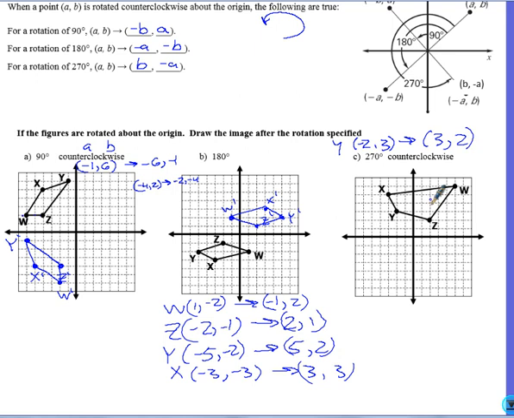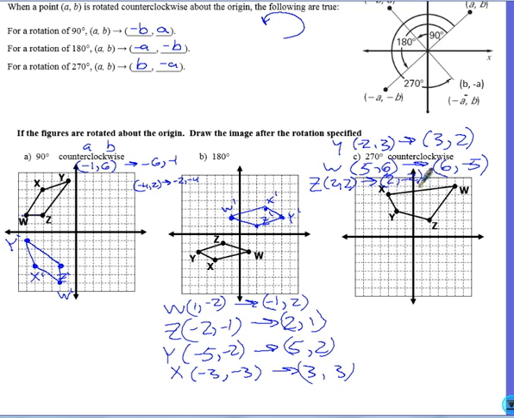Next point, we'll do W. W is at (5, 6). When I switch and negate A, that becomes (6, -5). Z is at (2, 2). When I switch and negate that, that just becomes (2, -2).